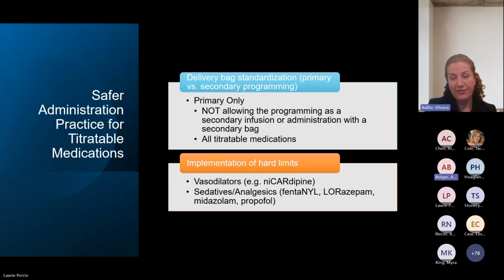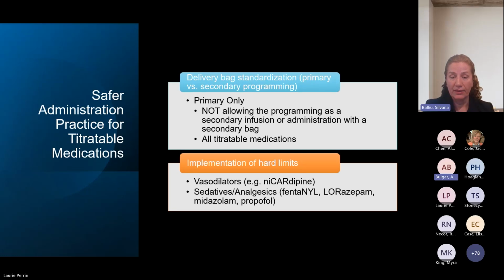Let's say you have a propofol to administer and it is incorrectly programmed as a secondary, or it could be programmed as the primary, but when the connection is done, it is inadvertently connected as a secondary infusion. So just to minimize all those errors, we restricted the use of the titratable medications to only be programmed as a primary infusion without an option to have a secondary running concurrently with that.